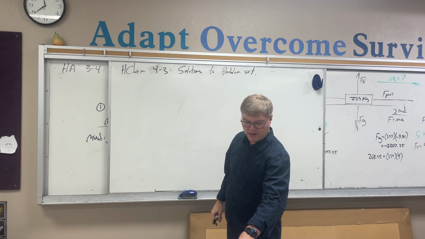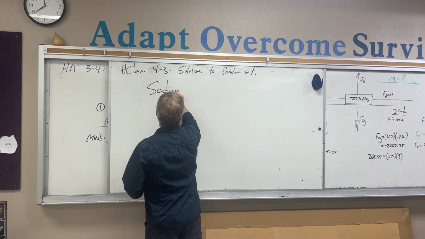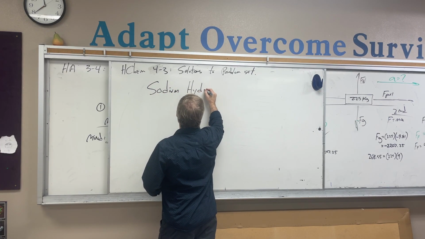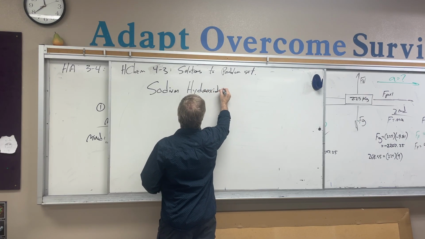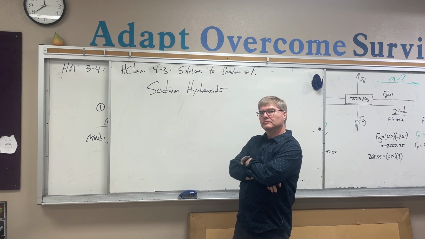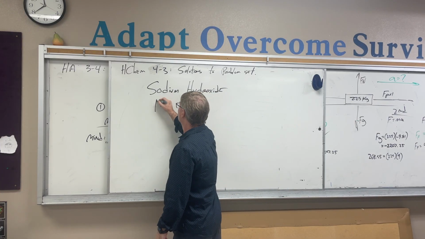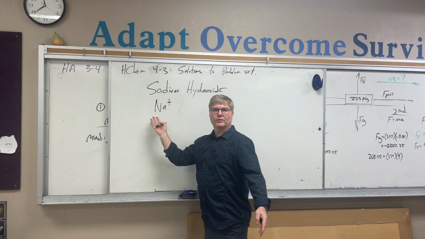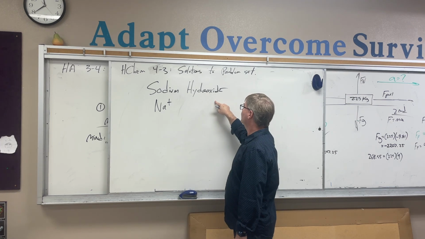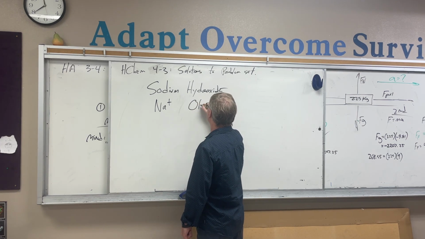Sodium hydroxide. All right, sodium is the positive ion. I look it up, that's what I find it is. Hydroxide. Okay, so I go search for that and I find it is OH minus.